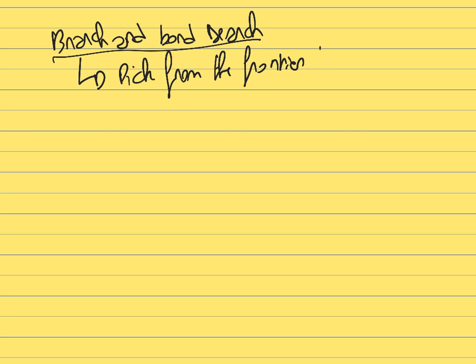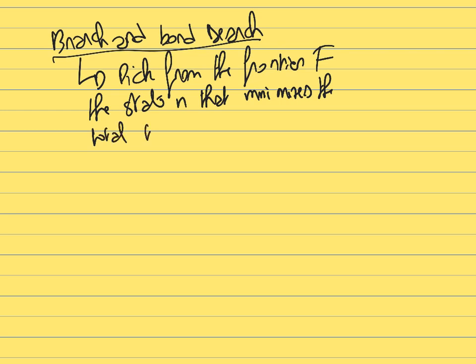So it picks from the frontier F the state N that minimizes the total traveled distance from the initial state.